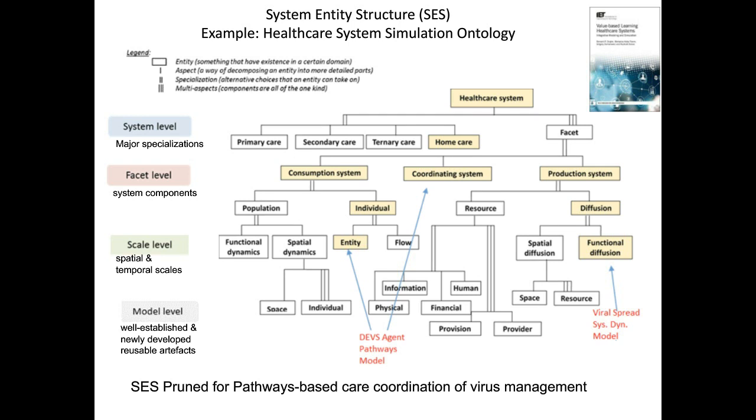This actually represents a pruned version, in the sense that the yellow boxes are choices from the tree that's made, so that the eventual selection represents a single simulation model.